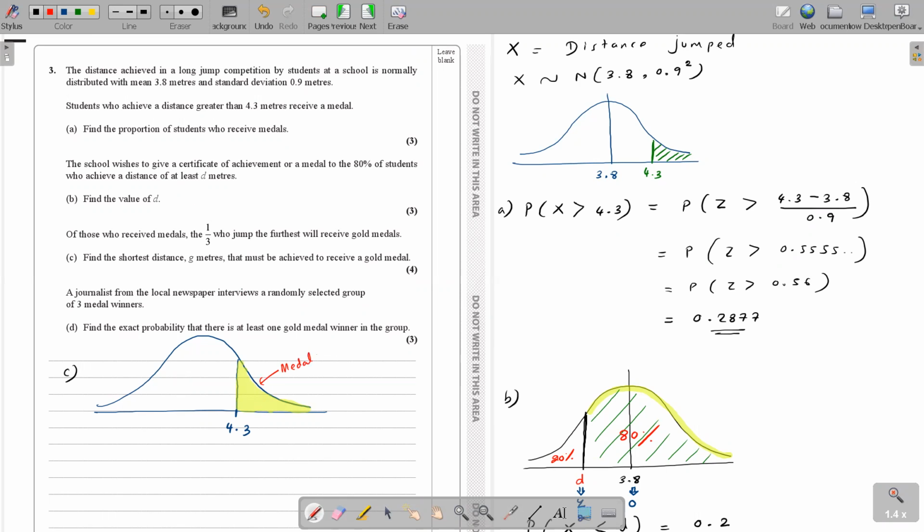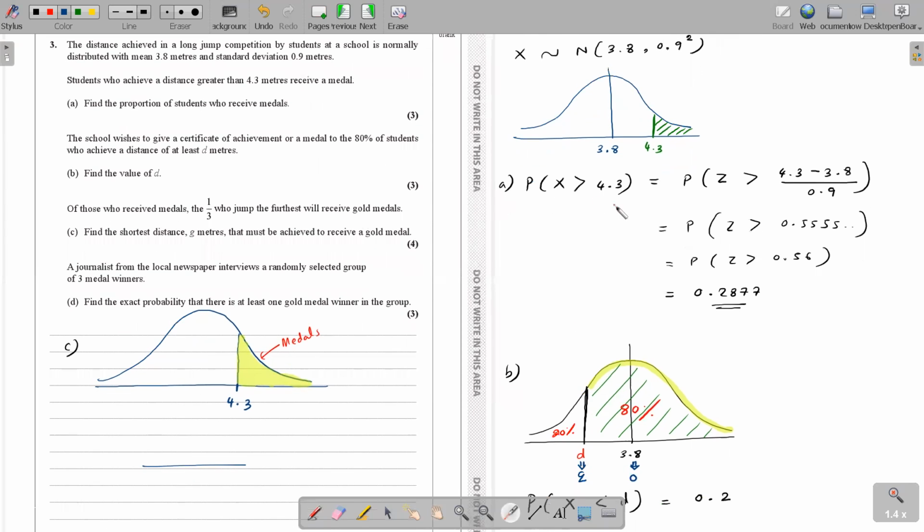So we don't need this section, you can remove it. That means automatically, in your conditional probability, the total probability is 0.2877. It's like your denominator is 0.2877, because you are taking the probability from this section.